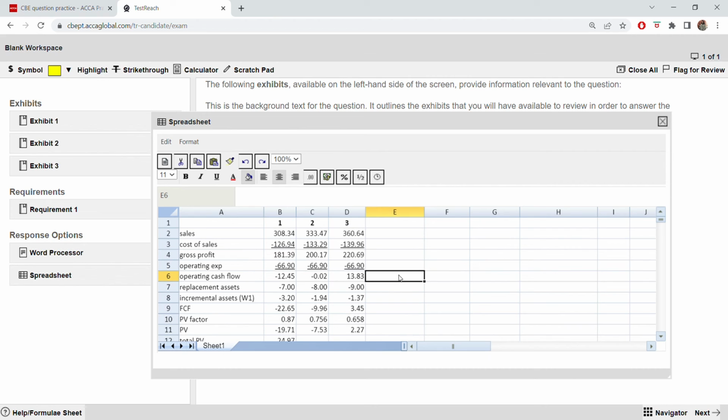Next, financing cost. You need to remove the bracket, underline, right? Double click. Now it is financing cost.